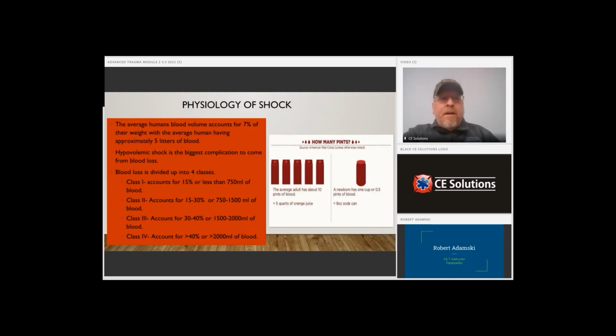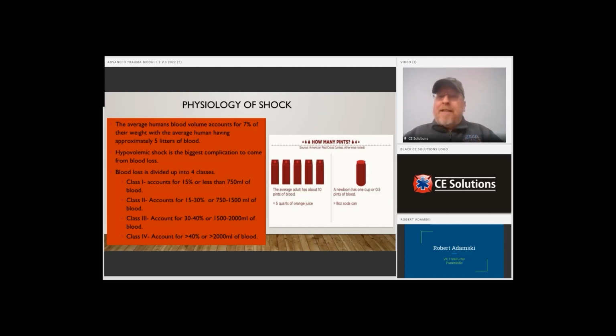Class 2, all right, accounts for 15 to 30%, and that can be anywhere from 750 milliliters to 1.5 liters or 1,500 milliliters. All right, and that's moderate hemorrhage. Then you start getting into the severe and life-threatening classes of hemorrhage. Class 3, all right, accounts for 30 to 40% of hemorrhage, and that's 1.5 liters to 2 liters of blood, or 1,500 to 2,000 milliliters. All right, and that is severe.